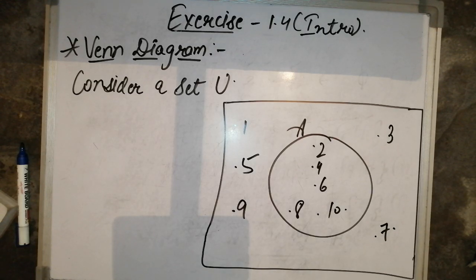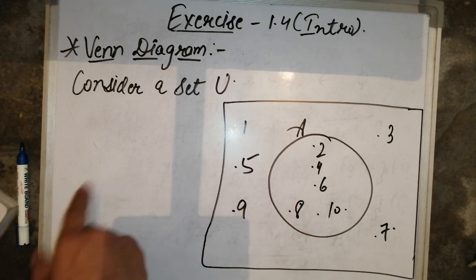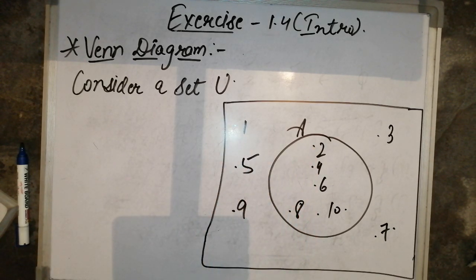And the questions which are asked from the exam point of view are like these. Identify the 2, 4, 6 elements on this Venn diagram, okay? There's nothing very difficult about this topic, but this is a very important concept. Let me read the question.